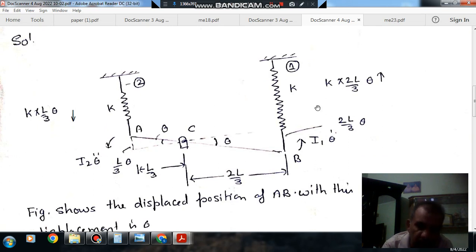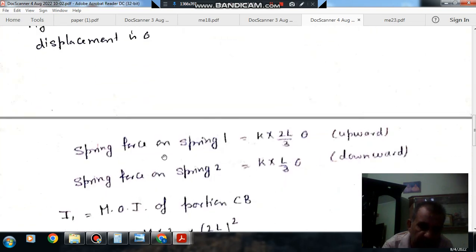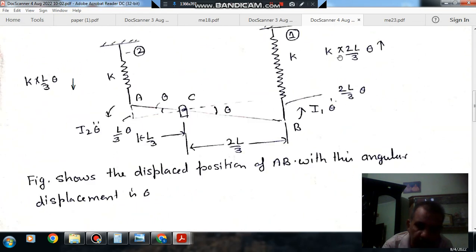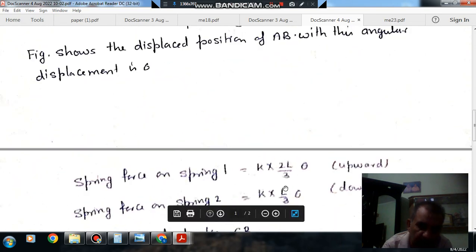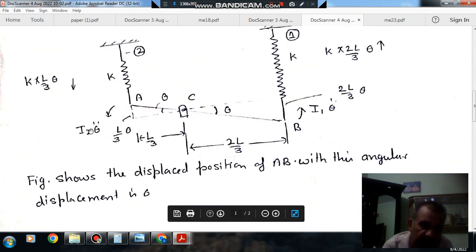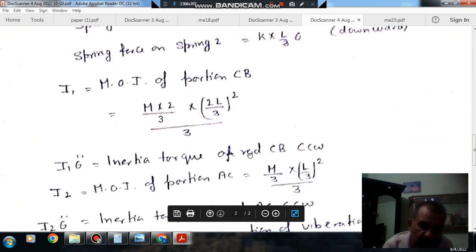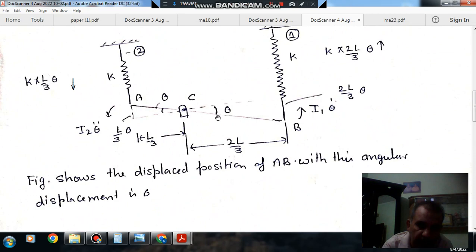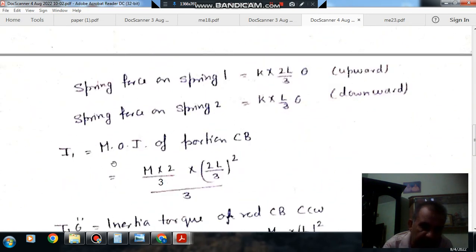Now the various forces and torques acting on the system are: spring force on spring 1, K into 2L by 3 theta in upward direction. Spring force on spring 2, K into L by 3 theta in downward direction.